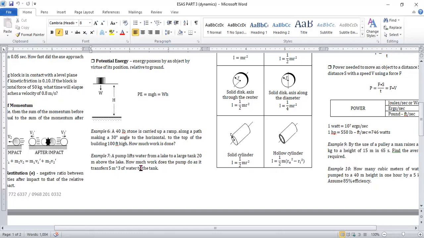The stone is carried in a ramp to the top of the building 100 feet high. How much work is done?